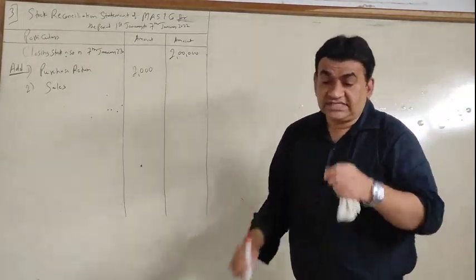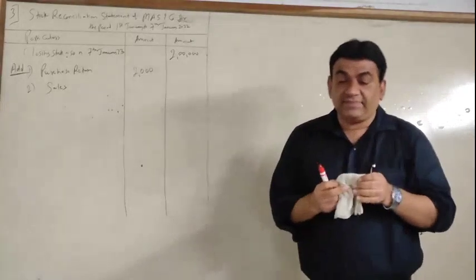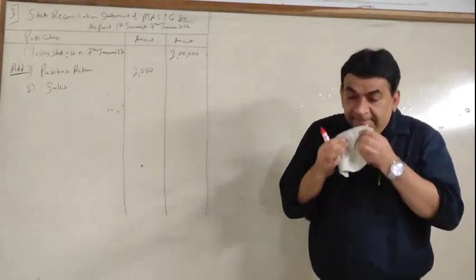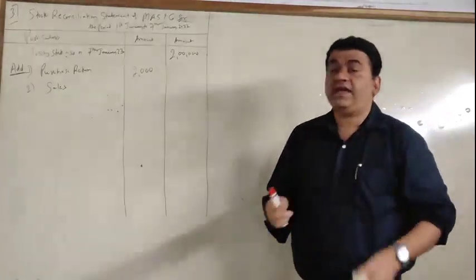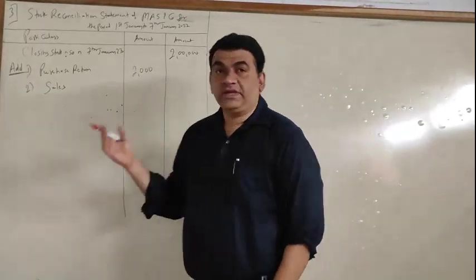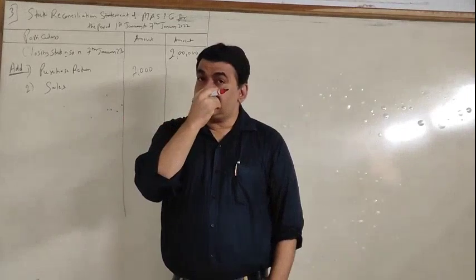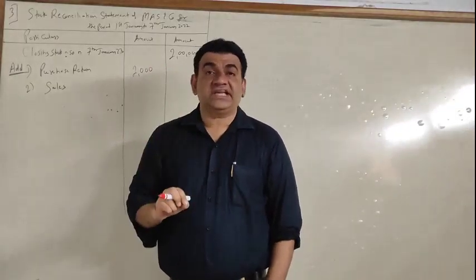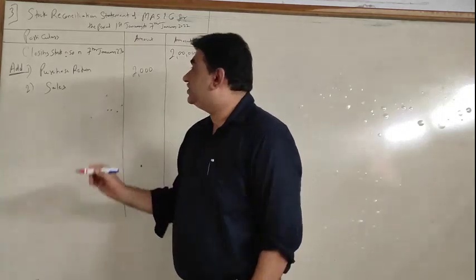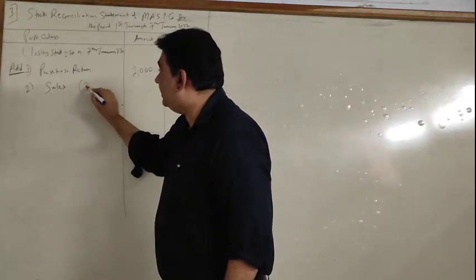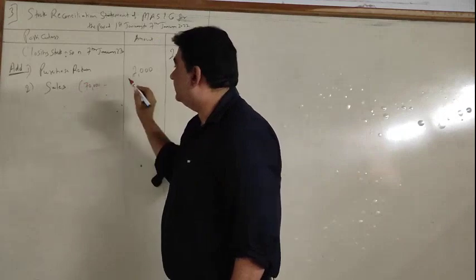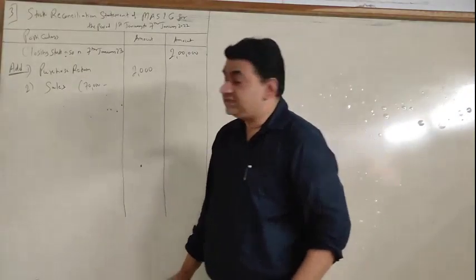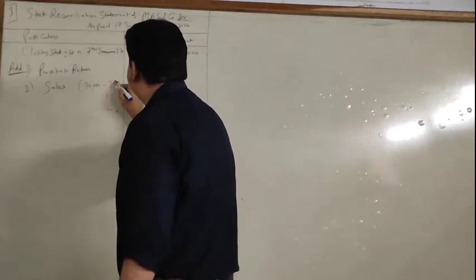Now see, this 70,000 is at selling price. Now what is the percentage of profit on sales or cost? It is 25% on sales. So because the amount is on sales and the percentage is also on sales, I will do the calculation in brackets only. So put a bracket, 70,000, from that what is the percentage given? 25%.